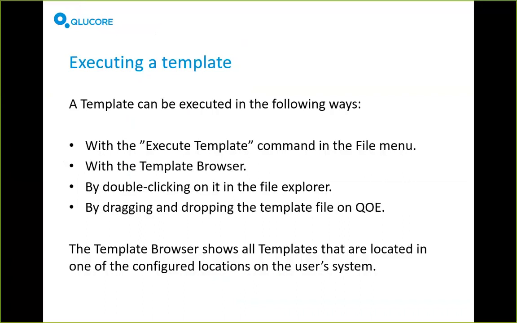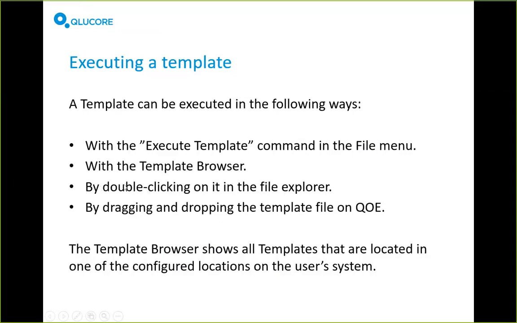The template browser is intended to be used by regular users, maybe people who don't even bother writing templates themselves. It's designed to be very simple, so you can point out a couple of locations on your file system and allow access to them, and from those locations the software will scan and try to find all template files it can find.